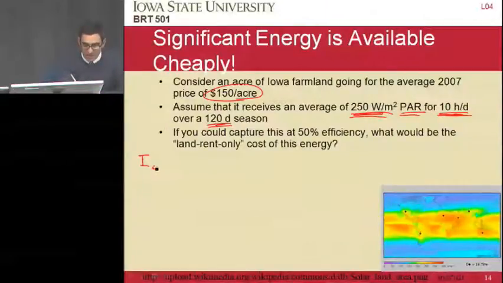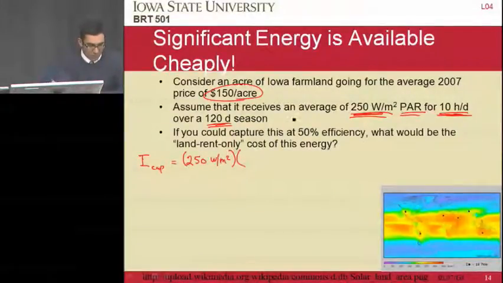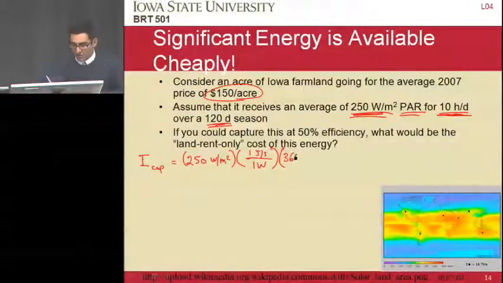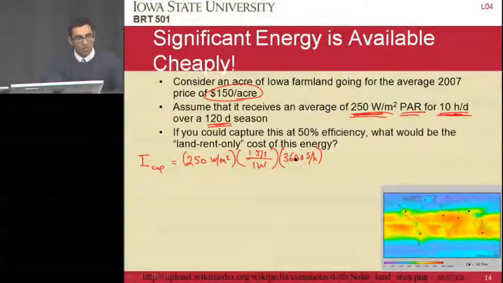So let's look at the intensity of captured radiation. We've got 250 watts per square meter, and 1 joule per second is 1 watt. Just a reminder. I'm going to say I get 3,600 seconds per hour. So 250 times 3,600 gives me joules per hour per square meter.